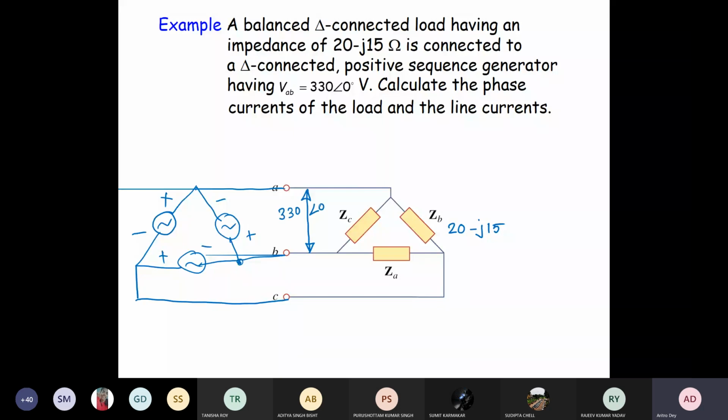A balanced delta connected load with an impedance is given. So you know VL, which is 330 angle 0, and you know ZL, which is 20 minus j15. So that you can convert.